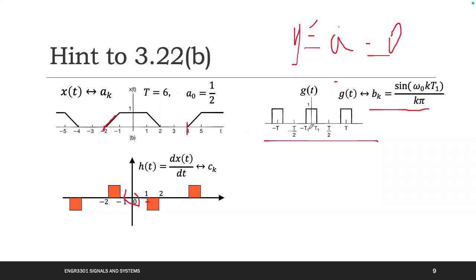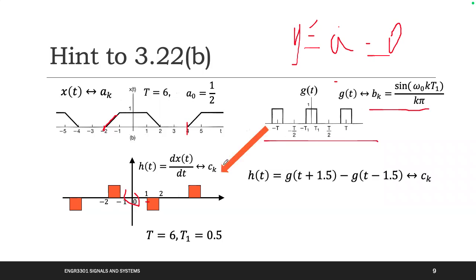And the 0.5 should move to the 2, which means a left shift or right shift of 1.5. So you left shift 1.5 to this one, and also right shift to here. But you can see this one is down, which means you need to give a negative.